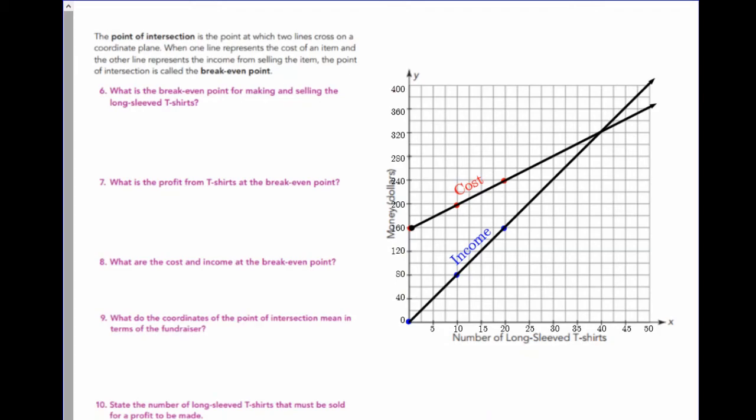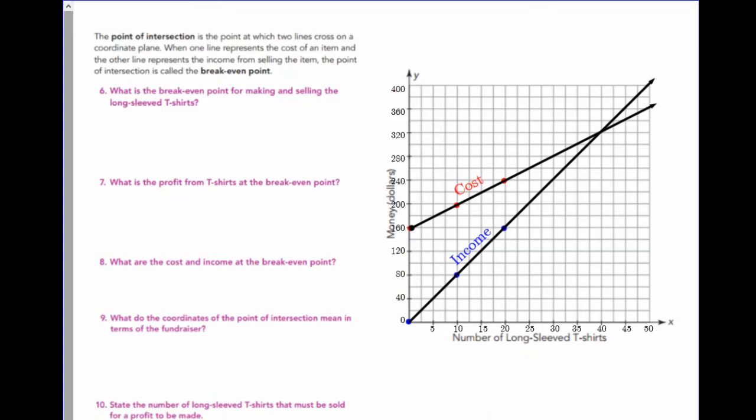Good, the break-even point, okay? And it's called the break-even point because that's the point if you sell that number of things. So like in this case, if we sell 40 t-shirts, we say we broke even because we didn't make any money, but we didn't lose any money. That's why we're breaking even. If we sell more than the break-even point, we make money. If we sell less than the break-even point, we lose money.